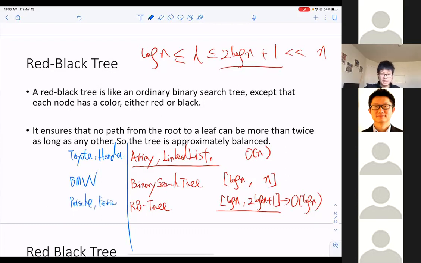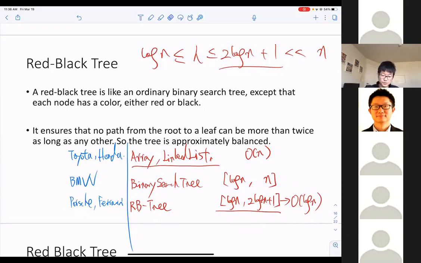They're extremely fancy, which means that the design of it is really complicated, and it's also hard to maintain. But we can get very good performance from it.